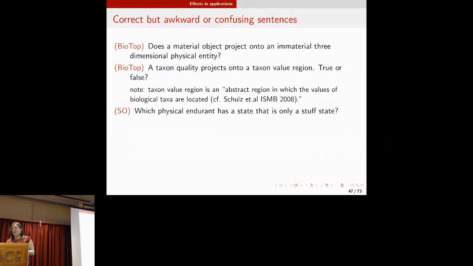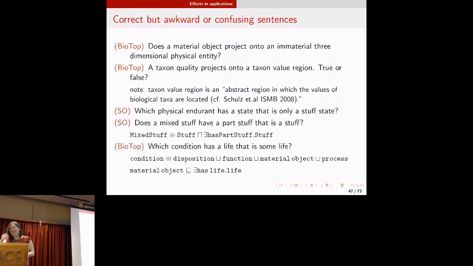Like, does a material object project onto an immaterial 3-dimensional physical entity? But that's content from Bio-Ontologies and the foundational notions of biology, because it's a core ontology there. And that's a similar case, the other one from Bio-Ontologies and the staff ontology, but I have to move on.